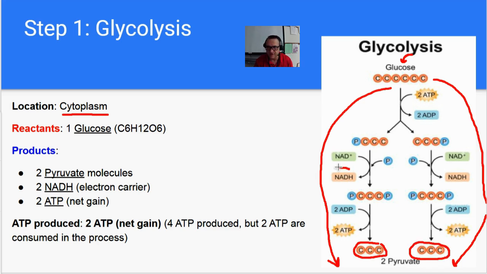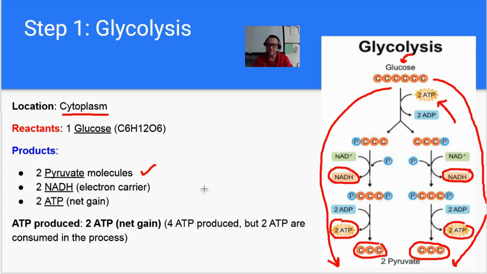We're going to get two of the electron carriers, NADH, because we get one from each pyruvate. Boom, that's one of the products. We're also going to get, see how it's 4 ATPs? We get 2 ATPs here, we get 2 ATPs here, but it cost us 2 ATPs at the beginning. So we spent 2 ATPs to make 4.